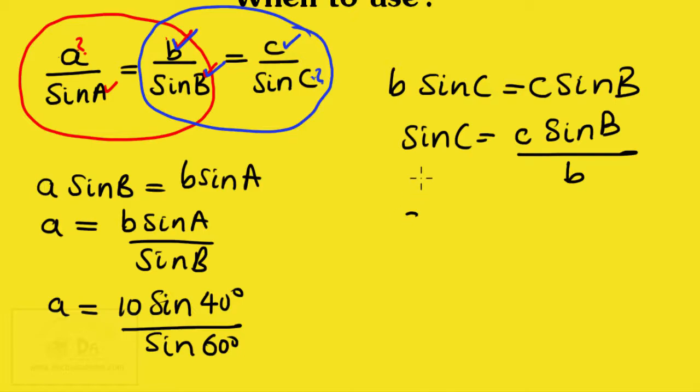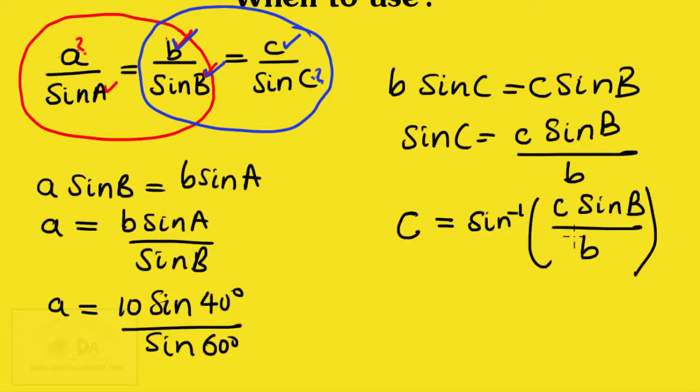At this point, you can take the inverse sine of both sides to give C. So angle C equals the inverse sine of c times the sine of angle B divided by this length b here. Taking the inverse sine of the left hand side gives C, and the inverse sine of the right hand side is this term.